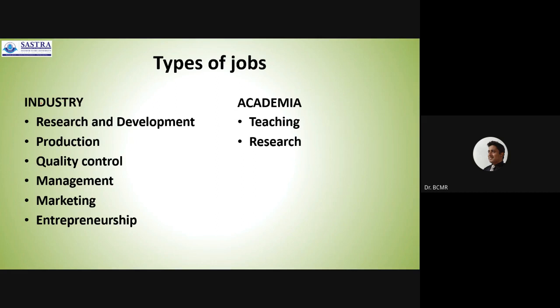Okay. So there are two jobs: industry and academia. In industry, you have research and development, R&D they call it, and there is something called production. These are responsible for the development of drug or improvement of the drug. The second team is the people who are responsible for operating tanks or fermenters and so on to produce the drug in large quantities, in purified quantities.